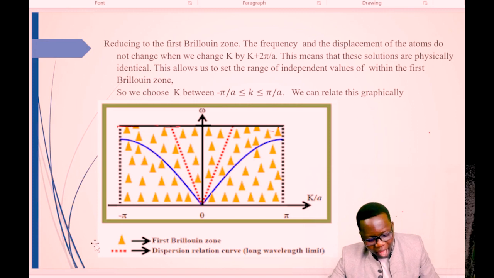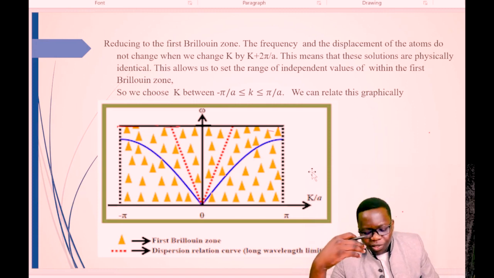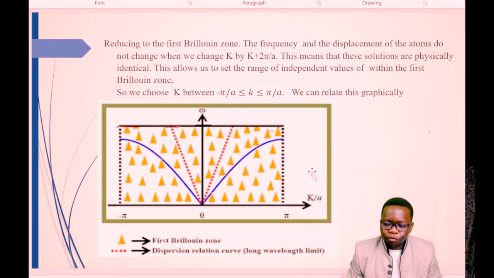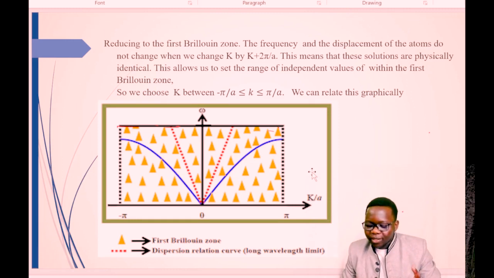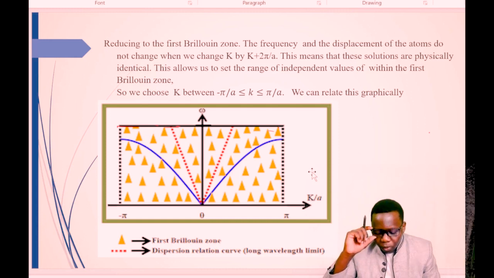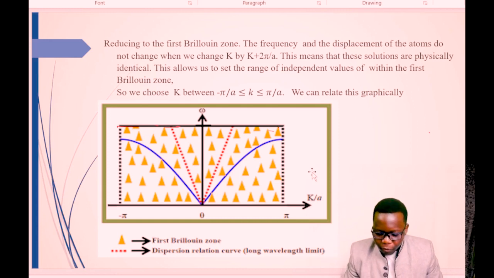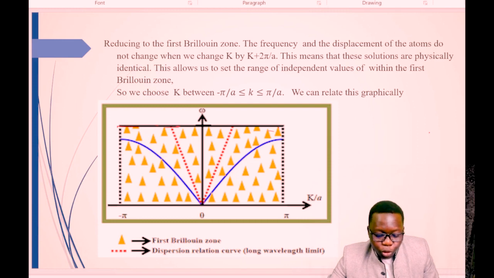If we have it graphically, we want to relate some values of the angular frequency and the constant of propagation, k. So we would have something like this. Now, how do we come to agree on such a graph? We need to observe the Brillouin zone condition.